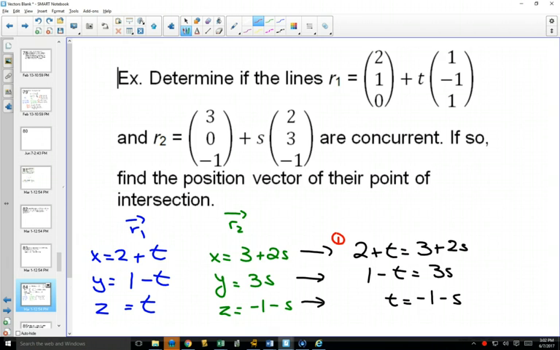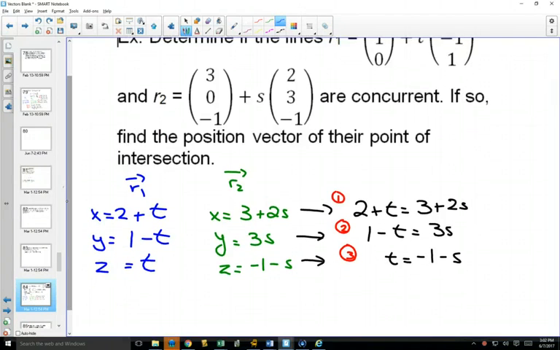So I'm going to label these equation 1, equation 2, equation 3. Now when you have 2 things that you want to solve for, you only need 2 equations to do that. So if I want to solve for t and s, I only need to use 2 of those equations. It doesn't matter which 2 you choose.